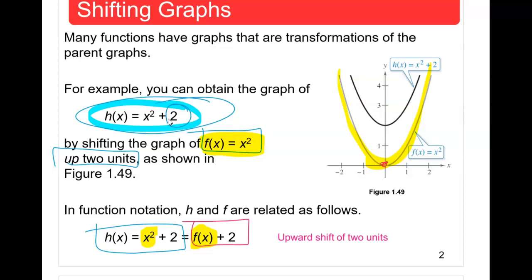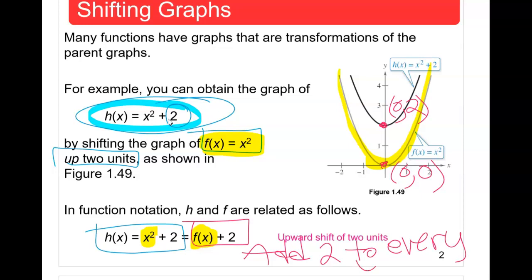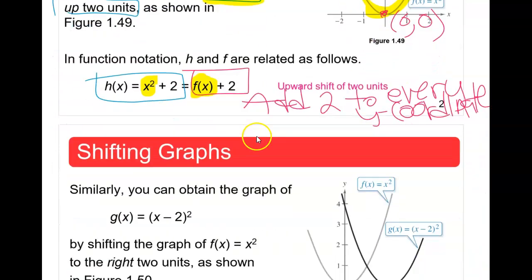For example, this point was at 0, 0, and after the shifting was completed, the point became 0 for x and 2 for y. So we are going to add 2 to every y coordinate, and only to the y coordinate for this example. We can have some shifting that occurs vertically and horizontally in the same example.